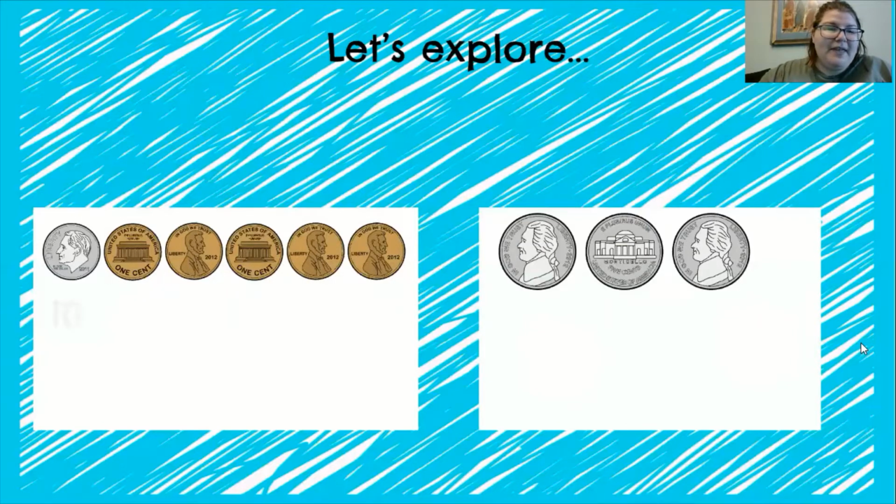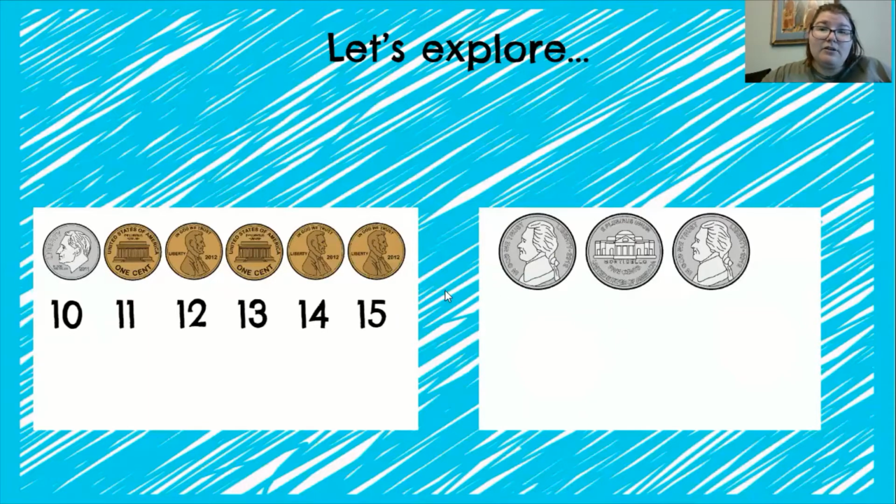So when we look at this, we know a dime is 10 cents, plus 1 cent is 11 cents, 12 cents, 13 cents, 14 cents, 15 cents. So we've added everything up. We know that a nickel is worth how much money? Right, 5 cents.